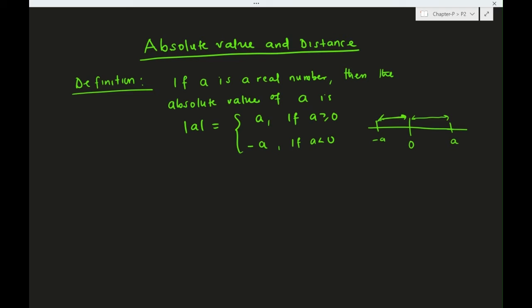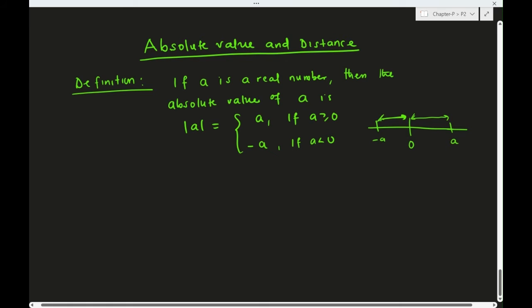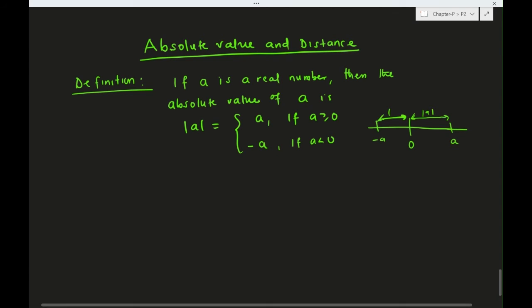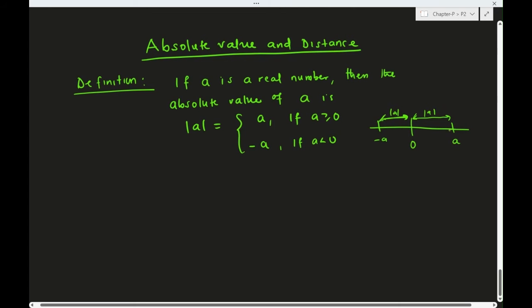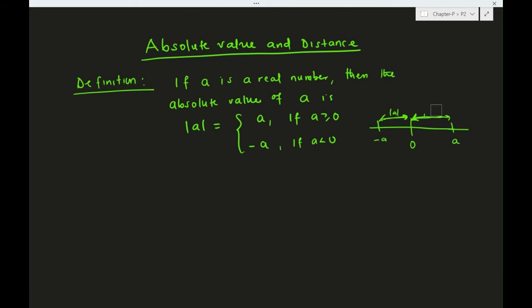This distance is given by absolute value, because we know distance cannot be negative. So the distance between A and 0 is going to be A, right? And also the distance between minus A and 0 is still going to be A.